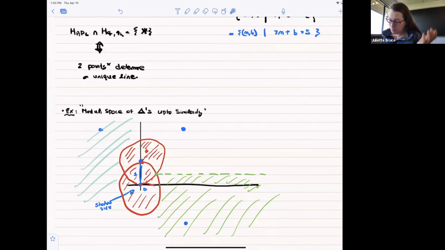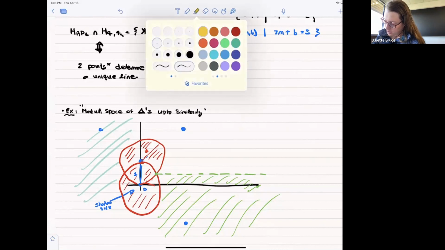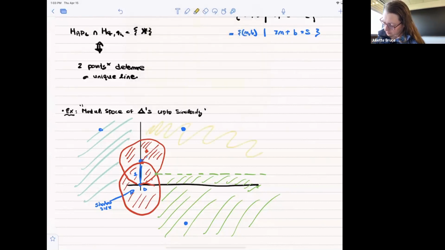But now we have this moduli space. I claim this is essentially it, so that all the rest of this is essentially the moduli space of triangles up to similarity. There aren't really any more similarities you can take into account. And if you look at this, you can start to see some nice things.